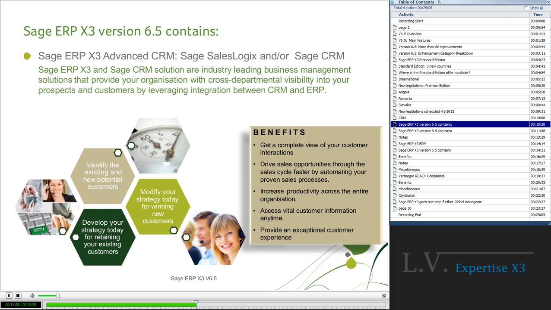So we're using all the best of breed functionality in those two products to significantly extend the scope that we can deal with within the internal CRM module in X3. This will give us the tools to help your customers find new customers and effectively manage their sales opportunities.